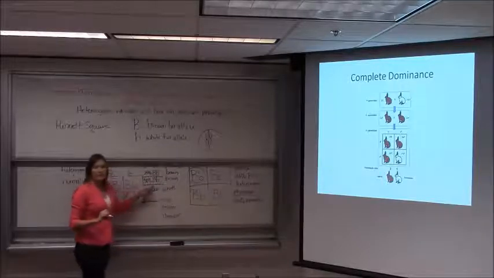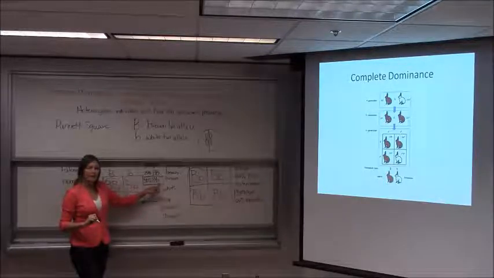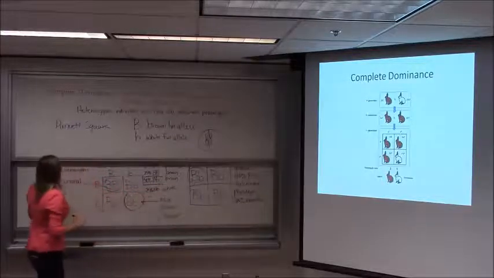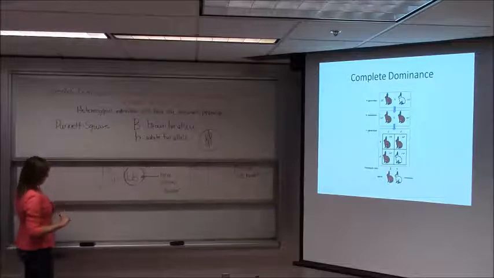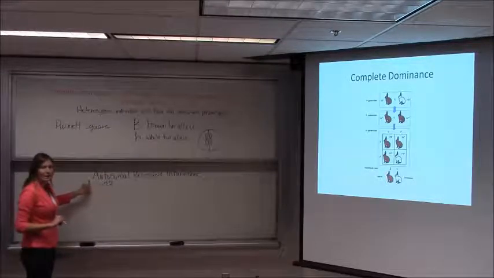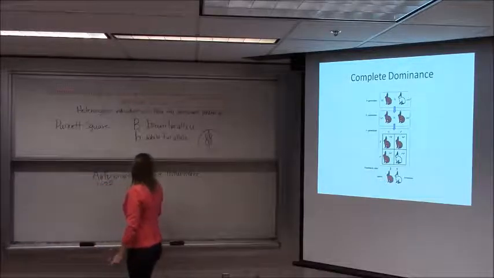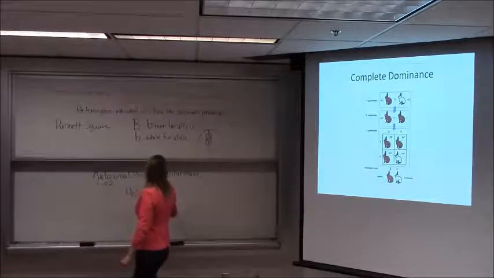They don't show symptoms of the disease, but they carry the allele for the disease. So they are called carriers. In the world of autosomal recessive inheritance, if we're talking about disorders or diseases, heterozygous individuals are called carriers.